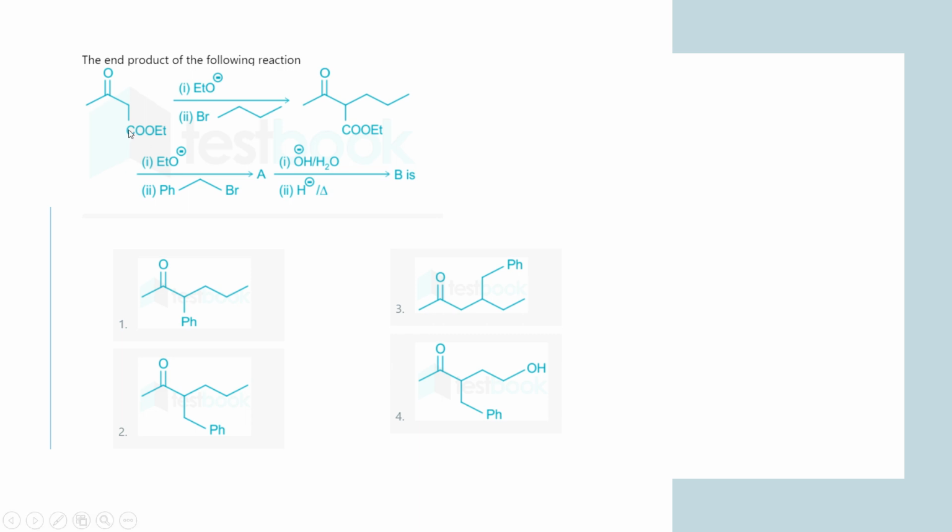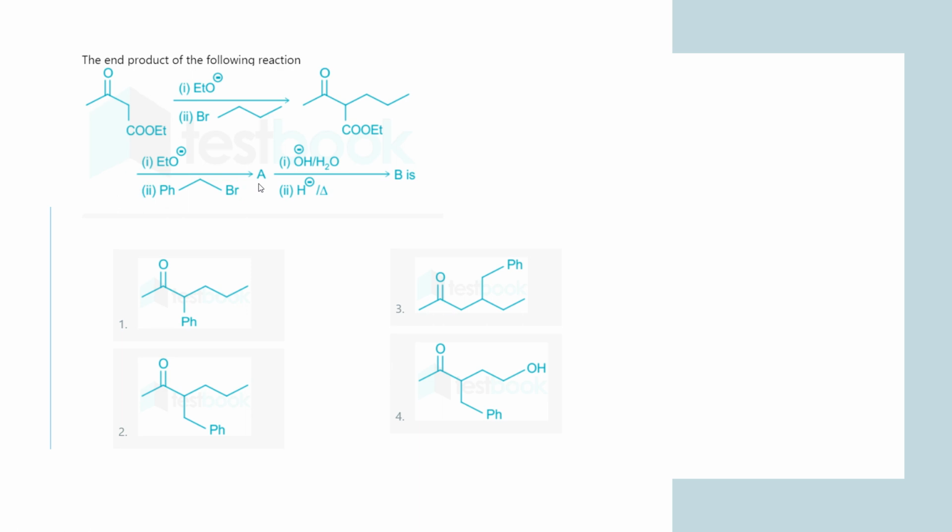You are given this beta keto ester and then we are treating it with base followed by the treatment with bromoalkane to give you this beta keto ester product where now you have this alkyl chain attached to the alpha position of ester. Then again we are treating it with base and this benzyl bromide to get A.